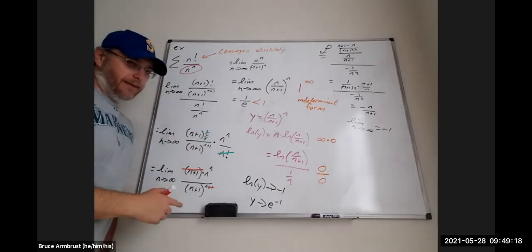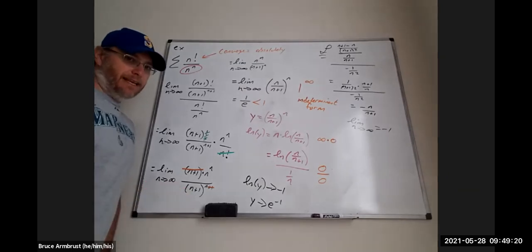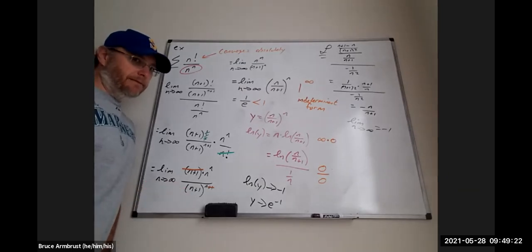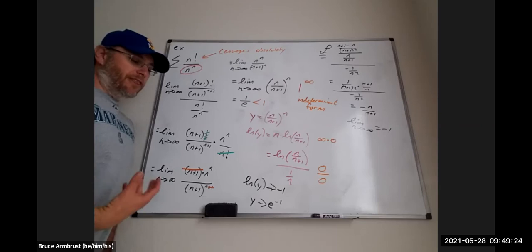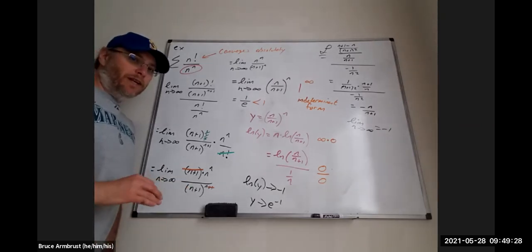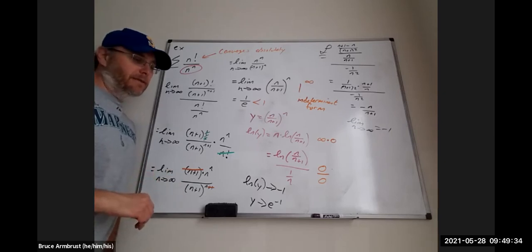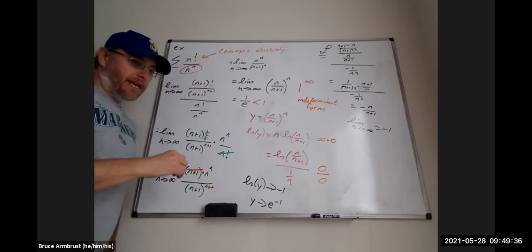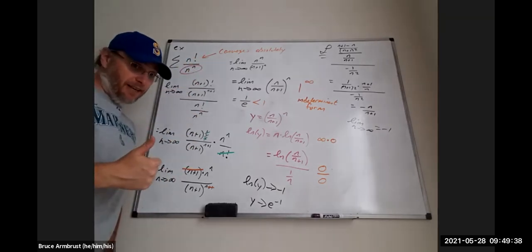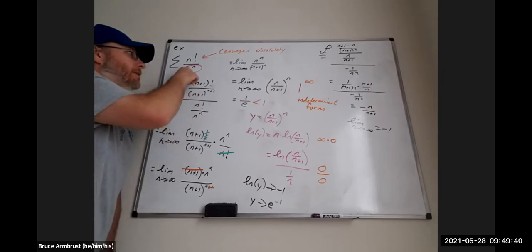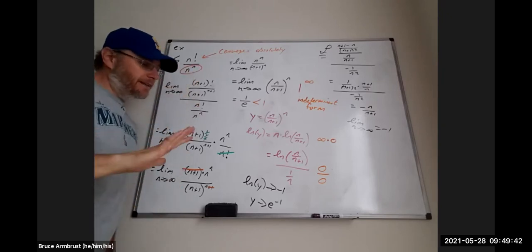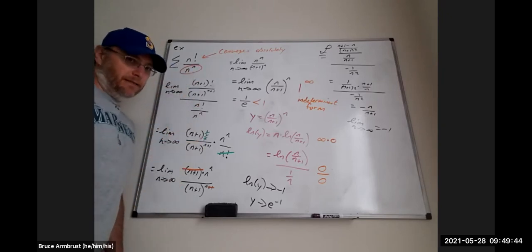It was the rest of it, that n to the n business, that made it a little bit tough. So that form is a form you kind of want to watch out for when you're doing ratio tests. And maybe if you have n to the n, you don't want to do ratio tests. Factorials and exponents with constant bases, you love with the ratio test. But when it's something like n to the n, reconsider.